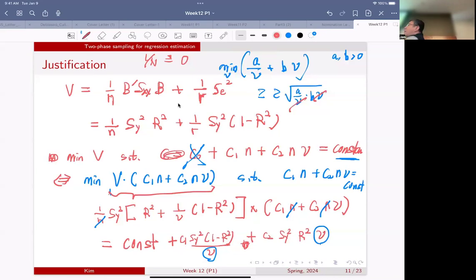The lower bound doesn't depend on nu, so whenever you achieve the lower bound, that is the minimizer.